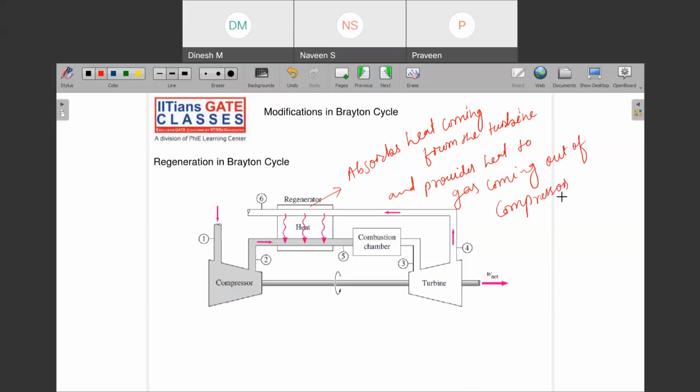In this way, your heat input value decreases. You are trying to decrease your heat input value. This is very important, that you are trying to save some heat input, and your efficiency is 1 minus q out upon q in.